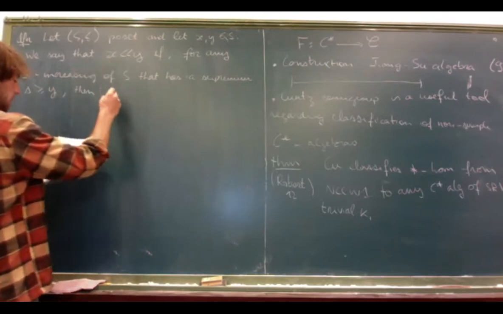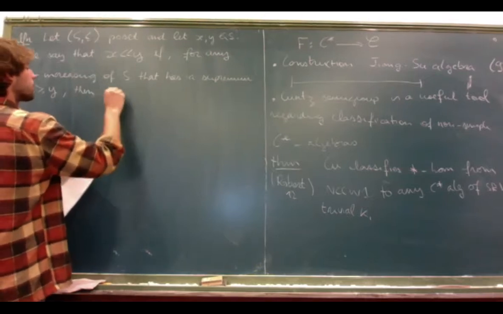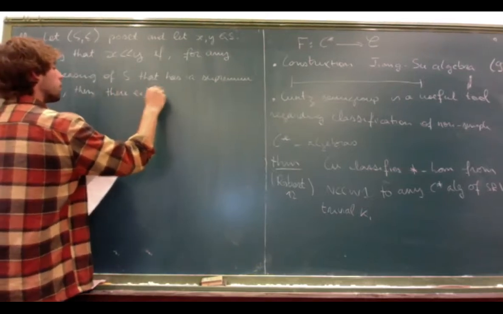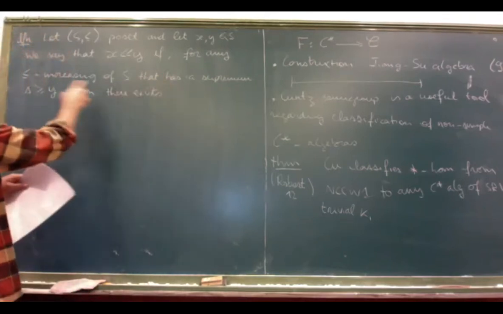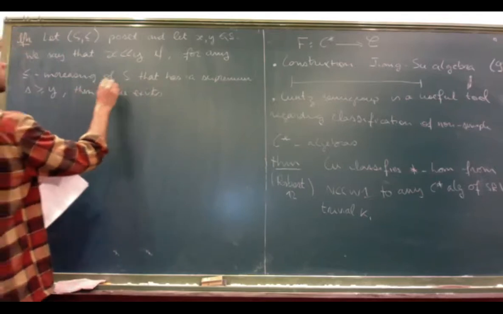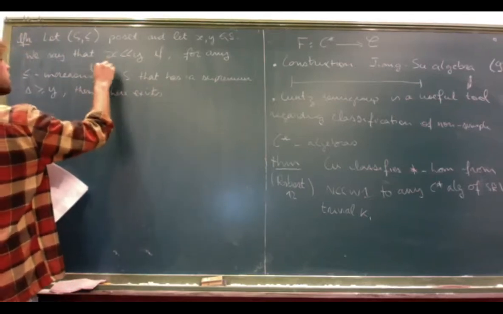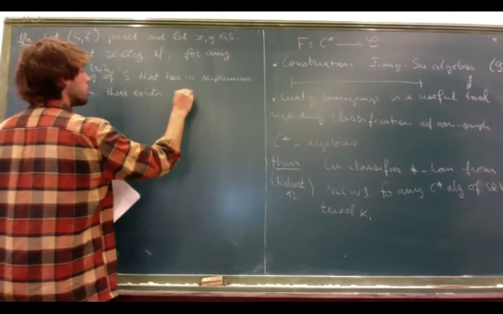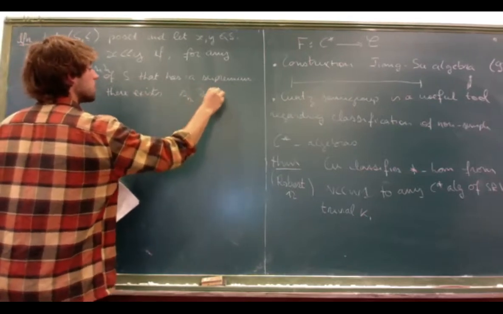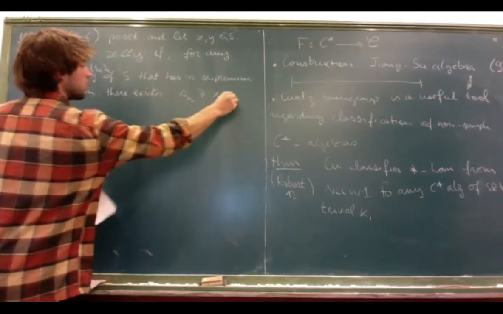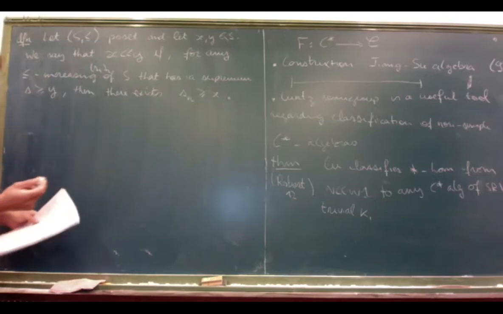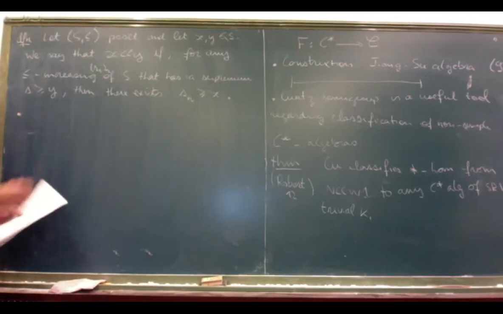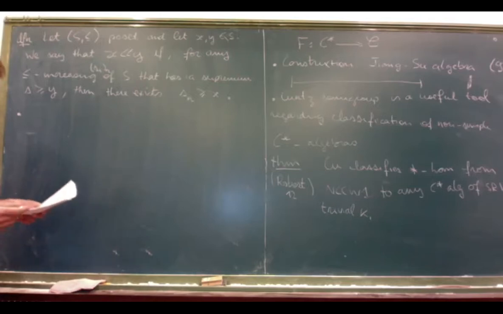So meaning, for any increasing sequence (s_n), there exists some n such that s_n is bigger than x. Okay, so this is kind of an abstract notion, but this is really important for the Cuntz semigroup because this is what will allow us to get topological properties.